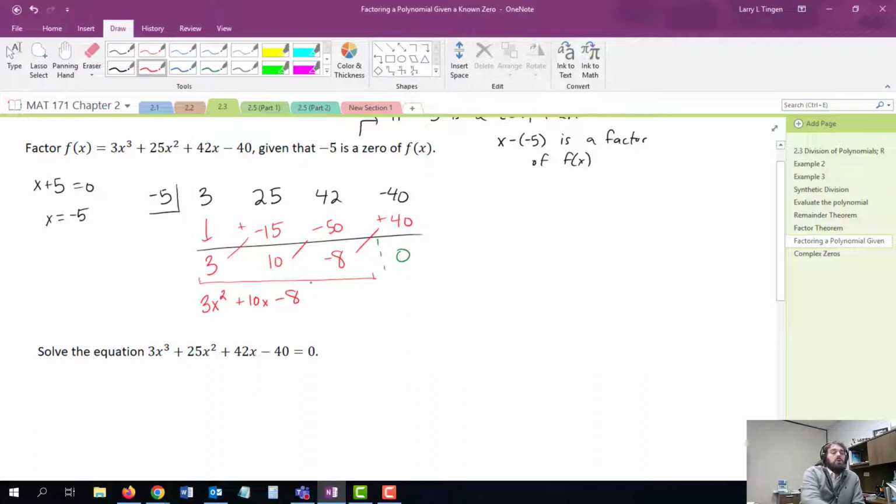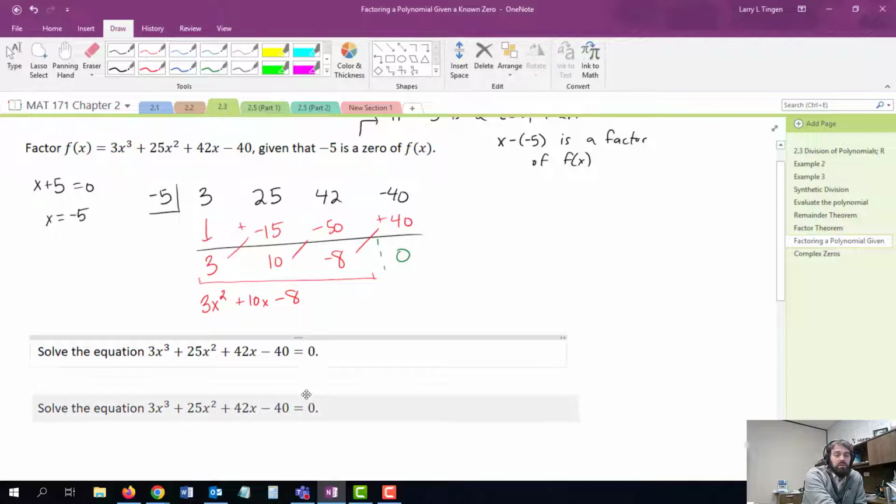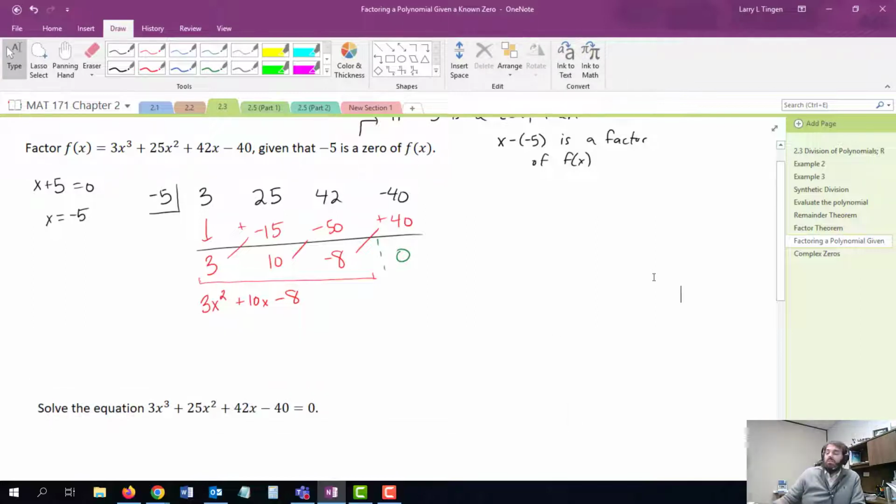All right. So I have taken f of x, and I've actually broken it down into my divisor, which is x plus 5, times the quotient, 3x squared plus 10x minus 8.